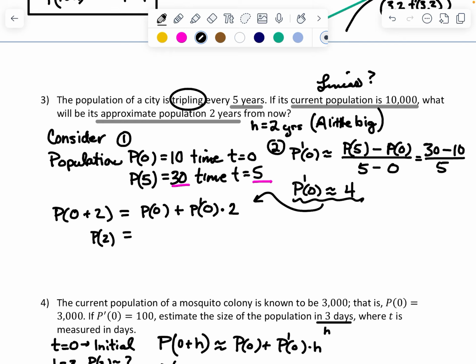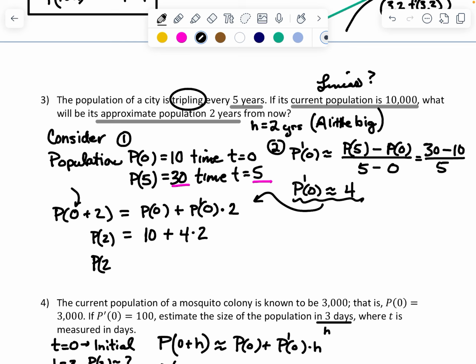Okay, so p of 0 plus 2, there's my initial, p of 2 then is equal to p of 0, which is 10, plus p prime of 0, which is 4, times 2. So it looks like what we have is 18, right?